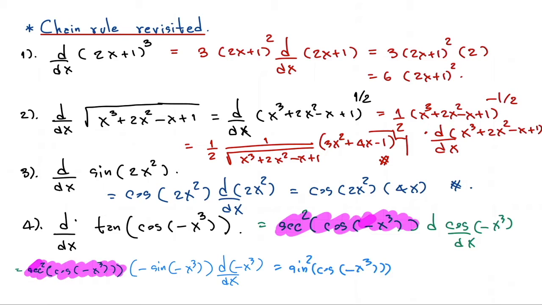And guys, as I told you, this is done. Don't touch it. And again, this is done as well. So don't touch it. It will be minus sine of minus x cubed. And derivative of minus x cubed is minus 3x squared. And that's the answer.